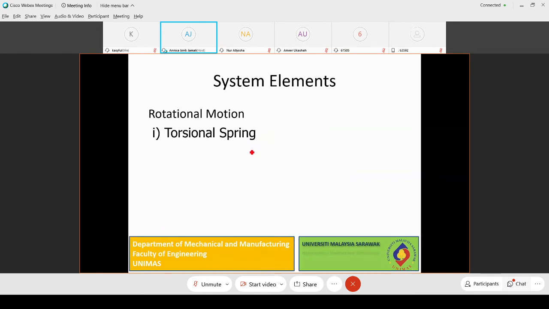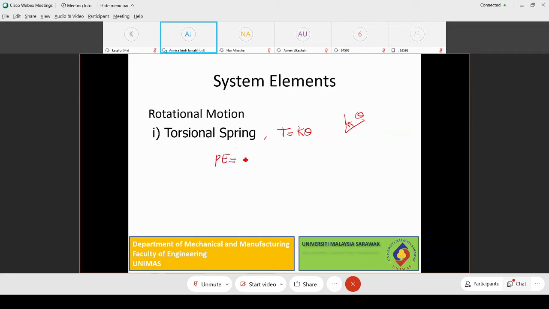For the torsional spring, the torque produced by the torsional spring would be T equal to K theta. So how much displacement is measured in rotation, which is theta. If you want to find the potential energy of the torsional spring, you have to define it as I did before, but I put the general equation here.